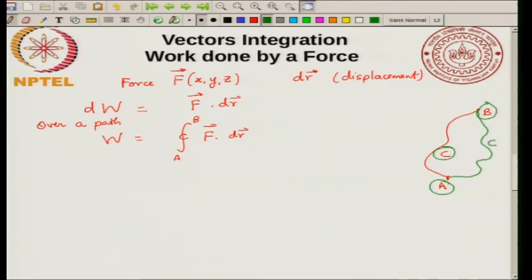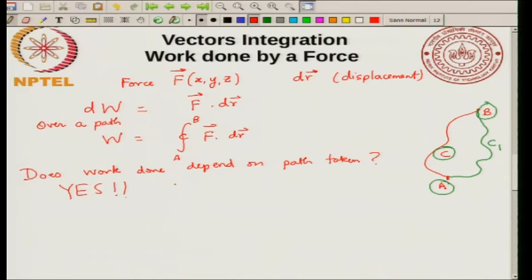So, does work depend on the path taken? And the answer is yes, in general yes. Under some special conditions you will have path independence, but in general it depends on path.